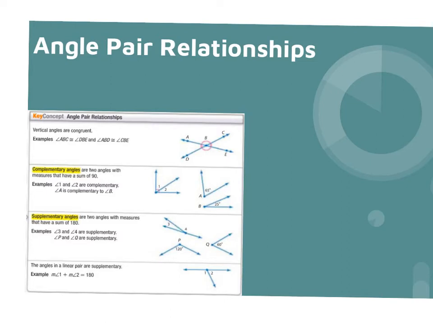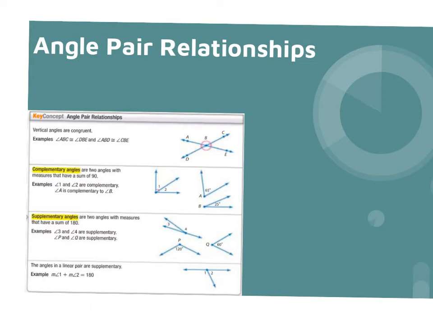Next, let's look at supplementary angles, which are 2 angles with measures that sum to 180 degrees. Examples are 3 and 4, and P and Q, because P is 120 and Q is 60. When added together, they create 180.